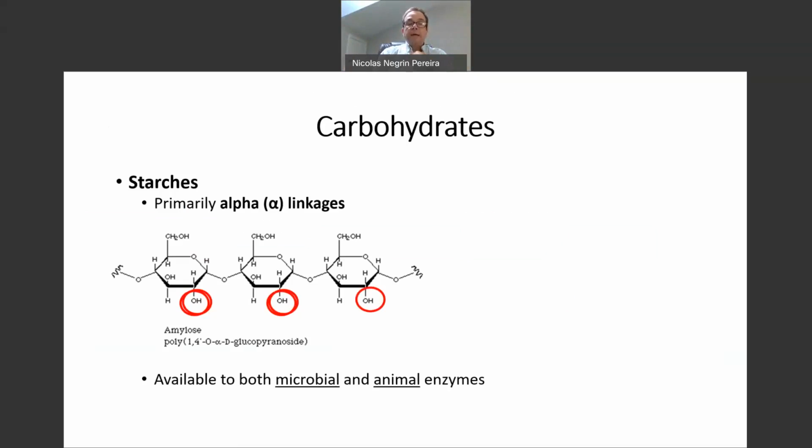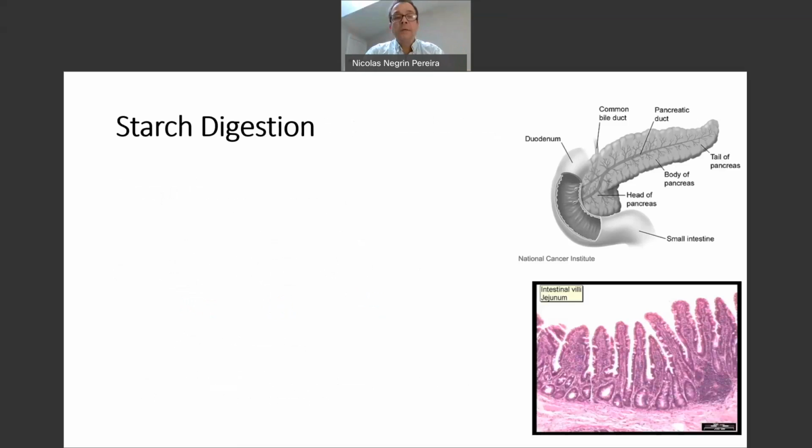This alpha 1,4 linkage is readily available for both microbial and animal enzymes. So, and this is an important concept here, microbes are able to break down the alpha linkage easily, no problem, but the beta only by the microbes, not by the animal. So starches can be either fermented or digested.